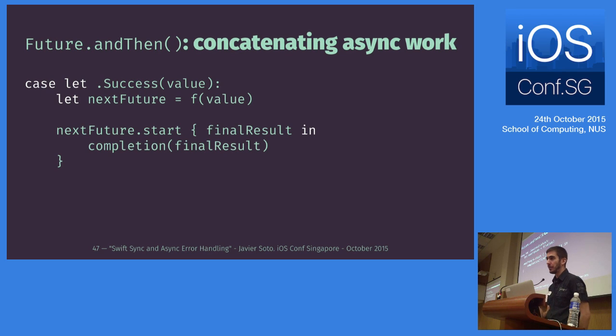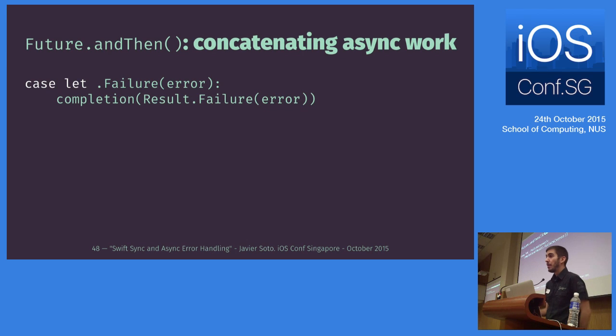And then when we're done, we call the completion block. But if we fail, this is the shortcut that we have to take. We don't have a value. We have to stop everything. We can't continue with the work. So in the user example, if we haven't been able to retrieve the user information, there's no way that we can download the avatar. So we just return the error and bail out.